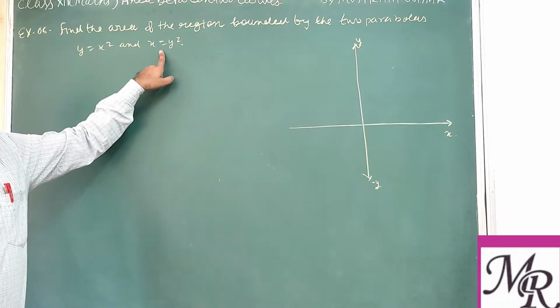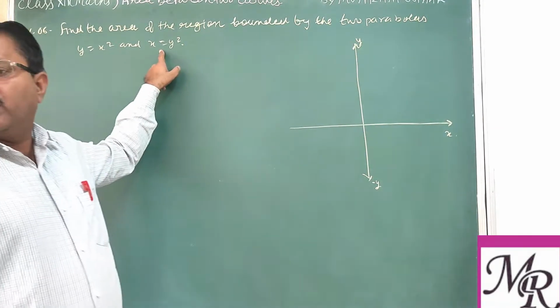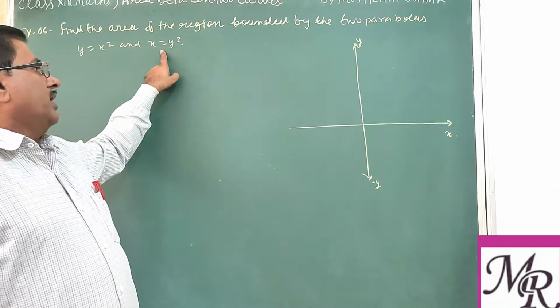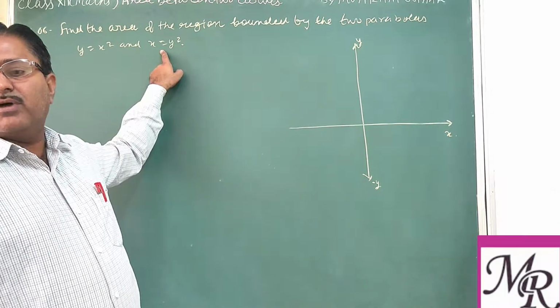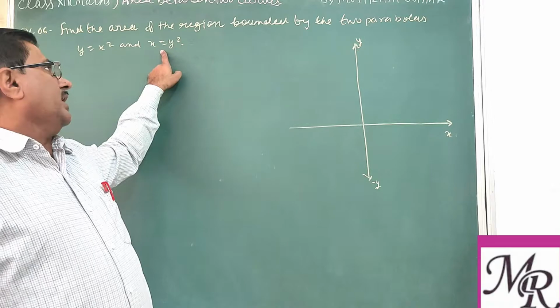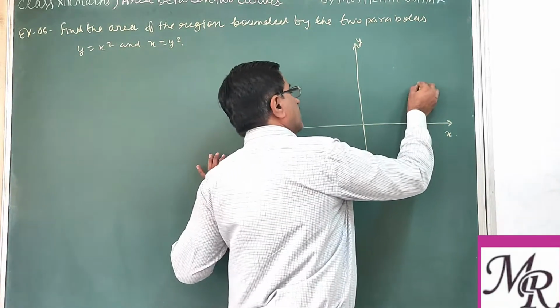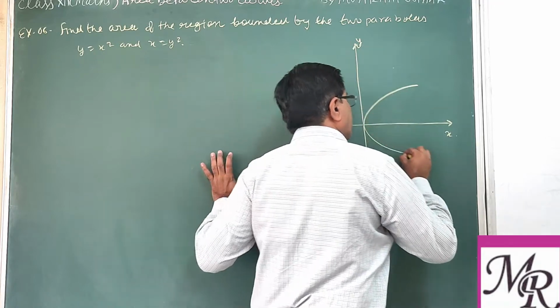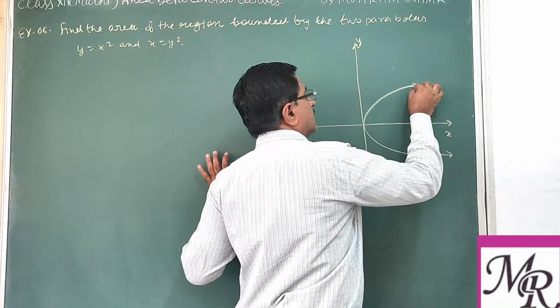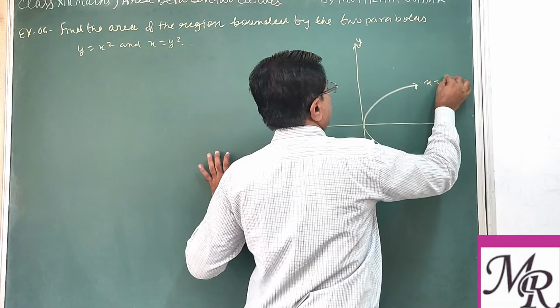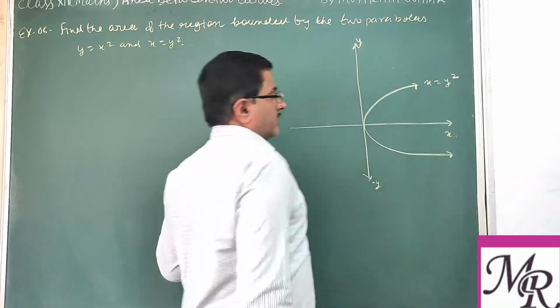So this is, you know, the first type of parabola. X equal to y square is the first type of the parabola whose axis is along the positive x-axis. So we draw the graph like this. This is the parabola of first type, x equal to y square.